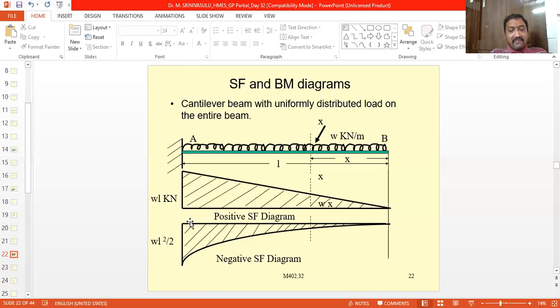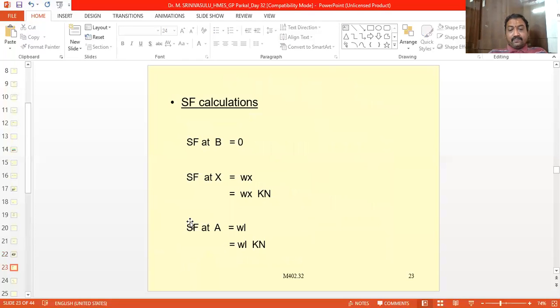Like this, certain important points we can find just by seeing the shear force and bending moment diagrams. That is one of the advantages of the shear force and bending moment diagrams.